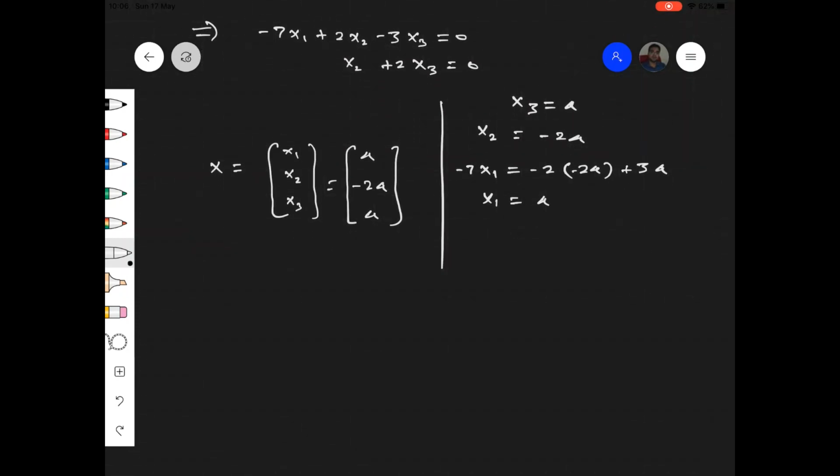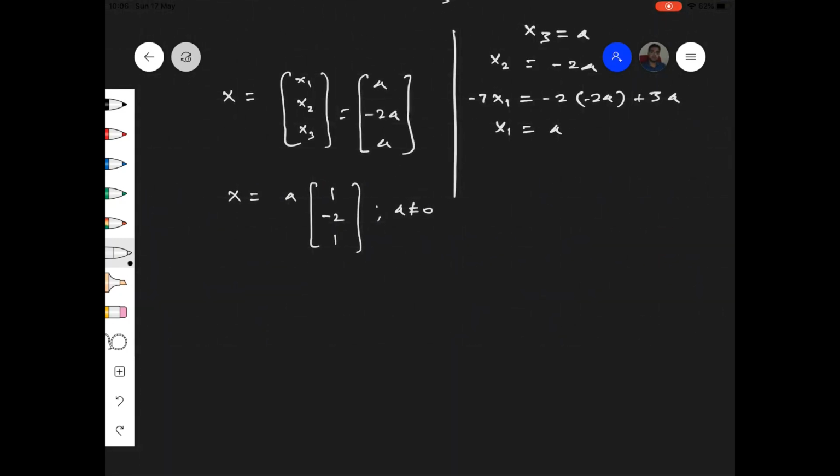So this is the class of eigenvectors. If I take a out of this, it is going to have the values 1, -2 and 1. So any non-zero scalar multiple of (1, -2, 1) is going to be an eigenvector of this matrix for the eigenvalue alpha equals 5.